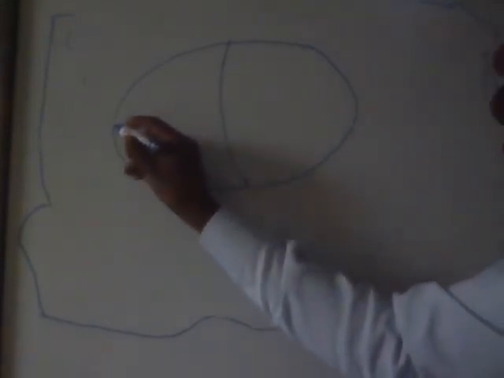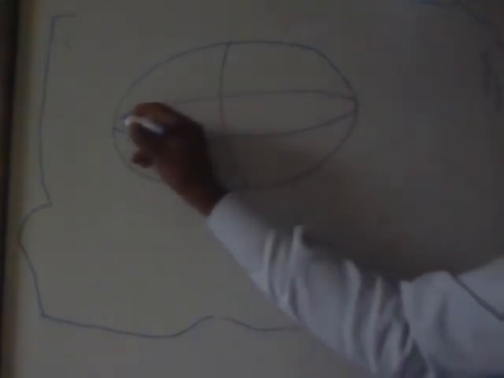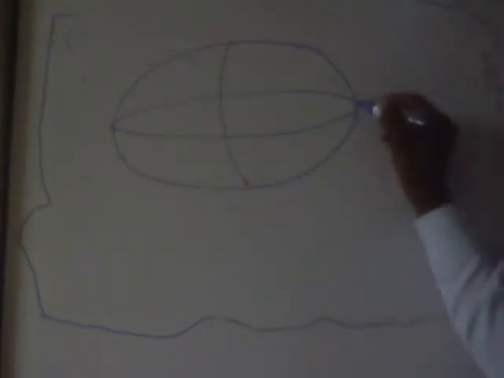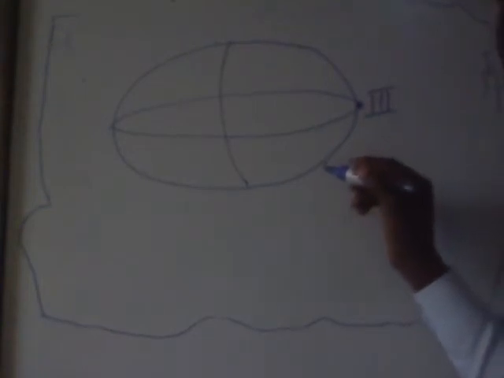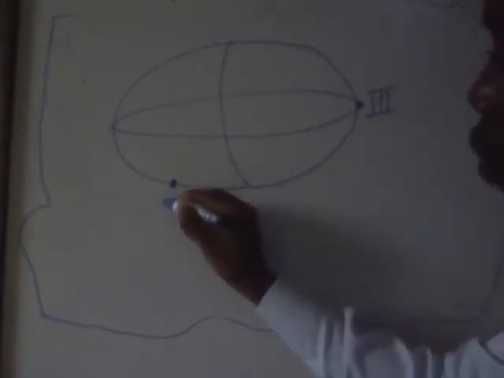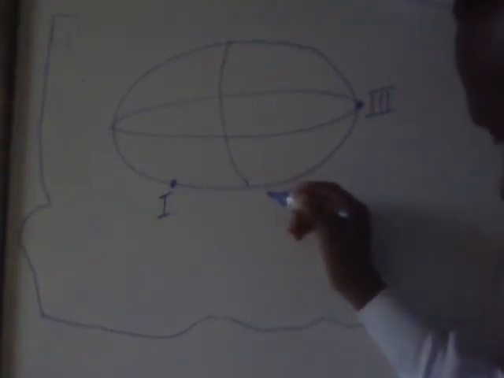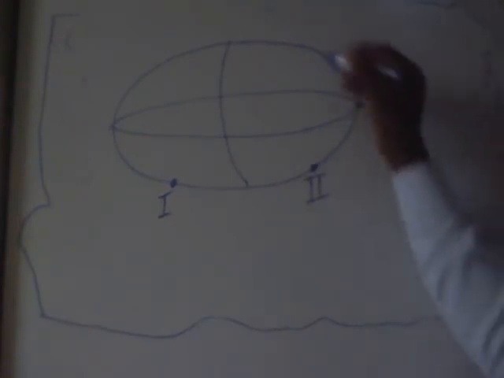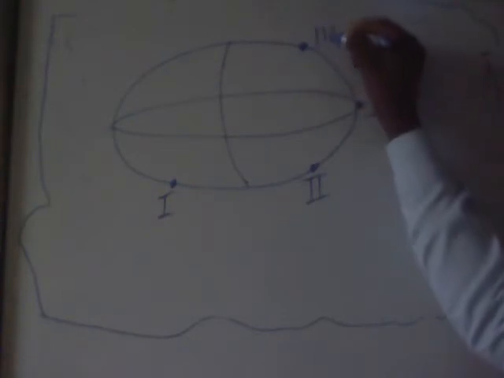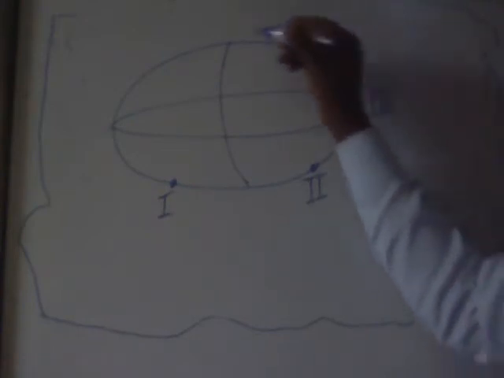We're having latitude. They give us a point here as Roman figure 3, a point here as Roman figure 1, a point here as Roman figure 2, a point here as Roman figure 4, and a point here as Roman figure 5.